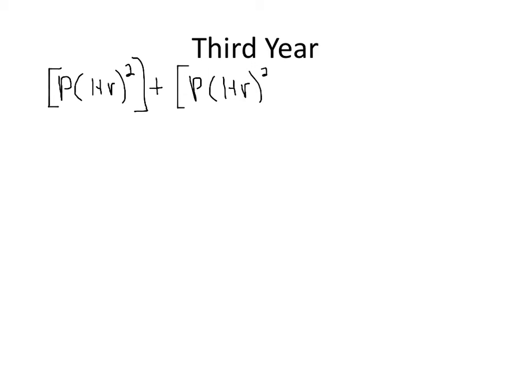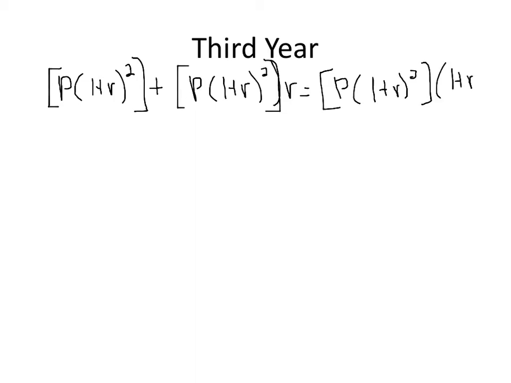In the third year, we have what we had in the second year, P times 1 plus R quantity squared, plus P times 1 plus R quantity squared times R again, which gives us P times 1 plus R squared times 1 plus R, right?